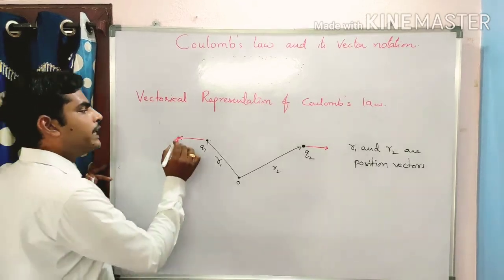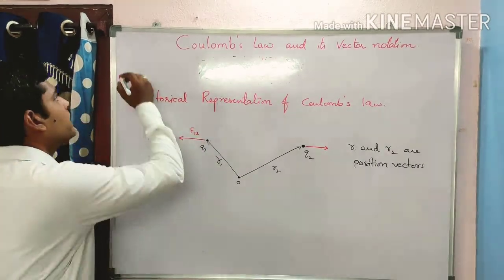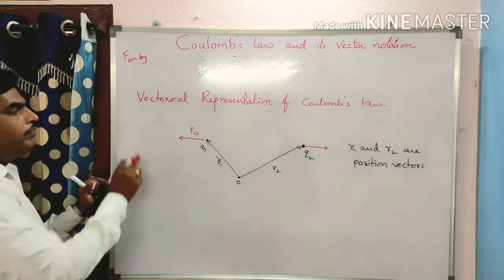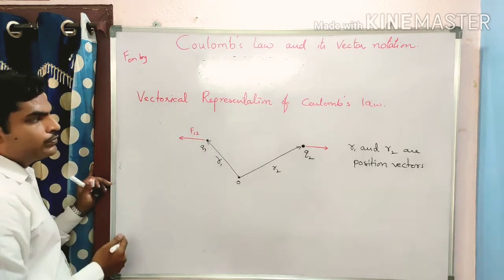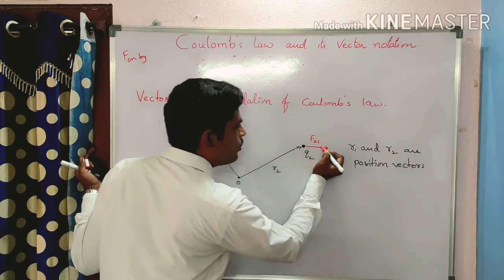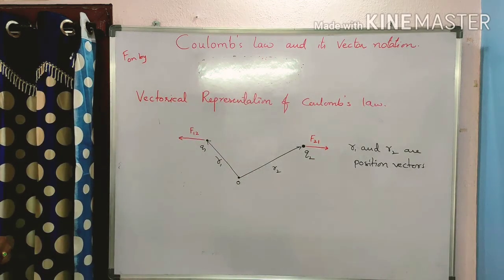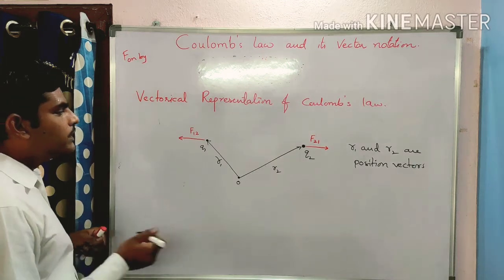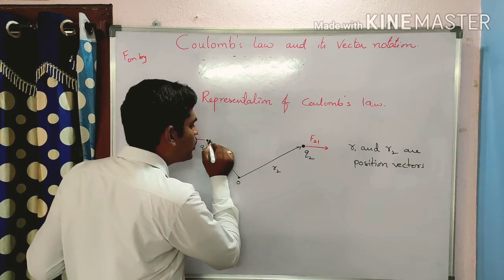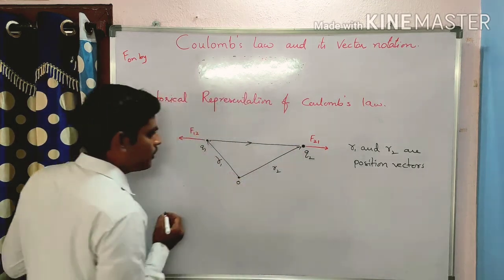So the force acting on 1 by 2, how do we always write force? F on by. F acting on 1 by 2. Here the force acting on 2 by 1. Now the vector leading from Q1 to Q2, this is the vector leading from Q1 to Q2.